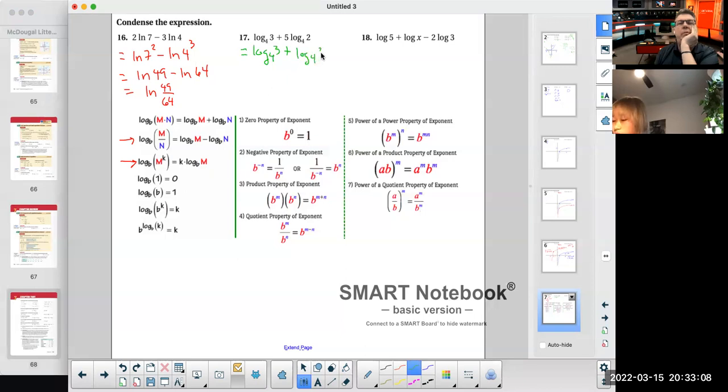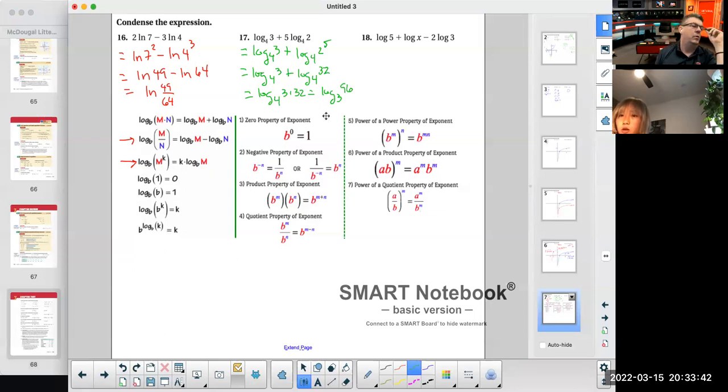And what is 2 to the power 5? 32. Good. And then we have the addition formula, right? So that becomes 3 times 32, which is log base 3 of 96. Is that fair?